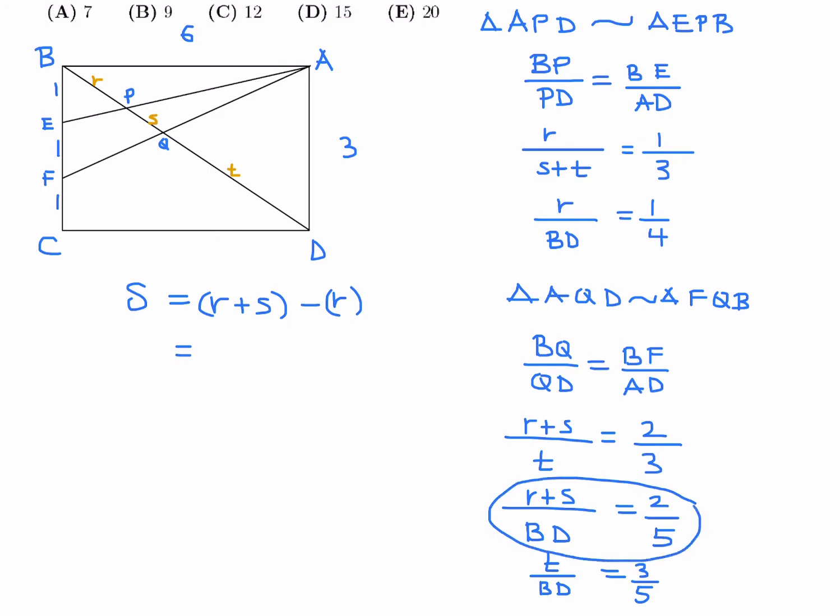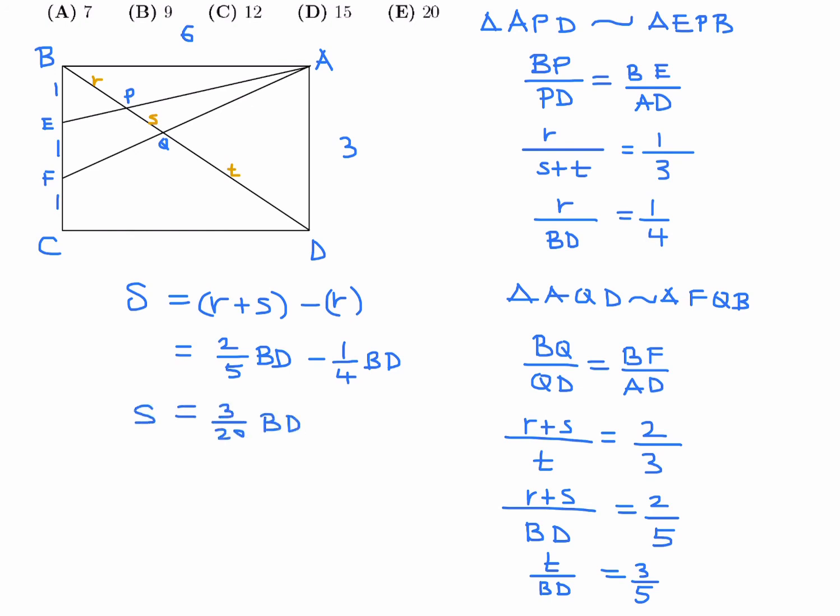We do, right here. So I guess that did come in handy. That's going to be 2 over 5 BD, and then R we have here. So that's going to be 1/4 BD. So if we do this fraction, we get 3 over 20 BD, and that's S.